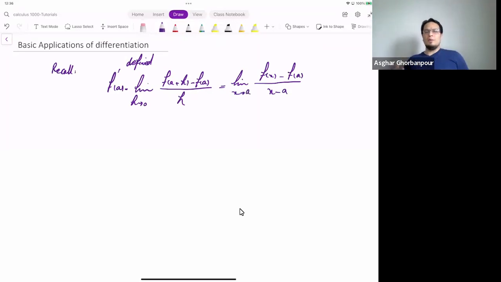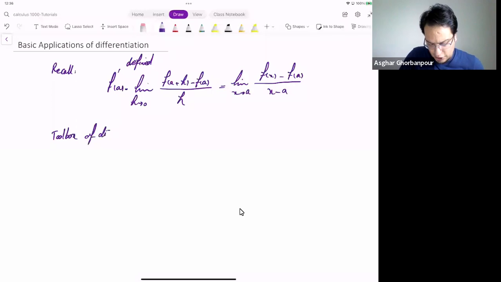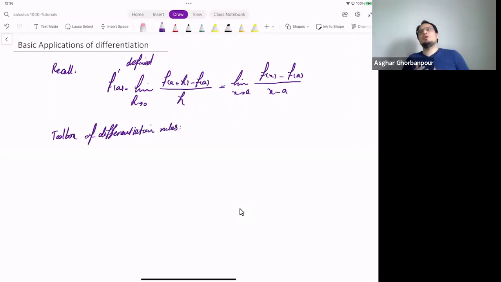But then we also have the toolbox of differentiation rules. So what does this toolbox mean?